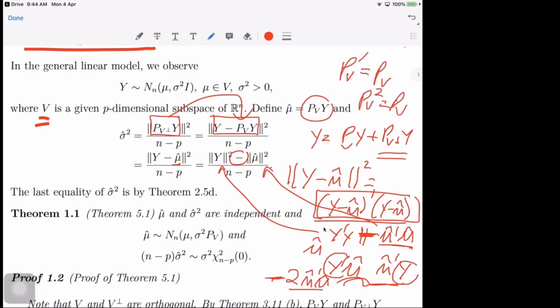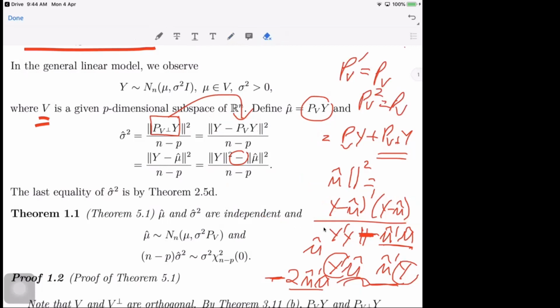Try to expand and get this quantity. If you look at it, it is just the square norm of y minus the square norm of mu hat.